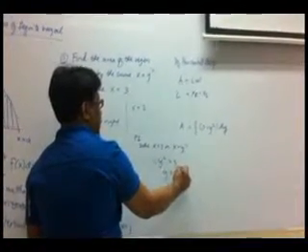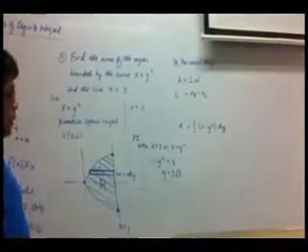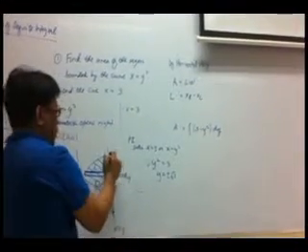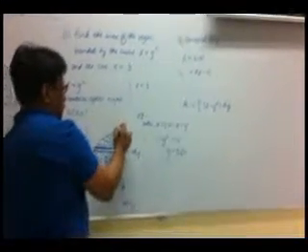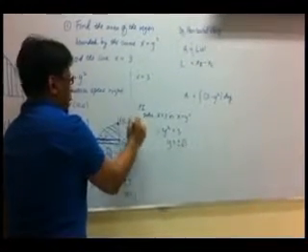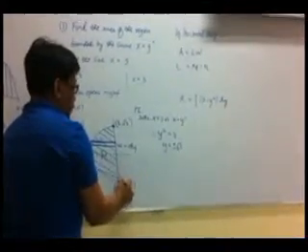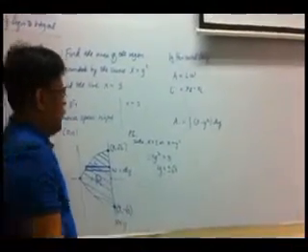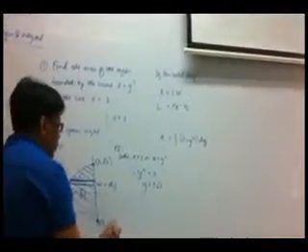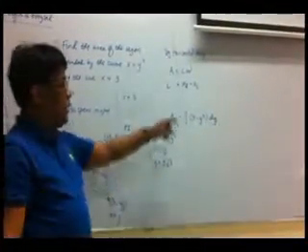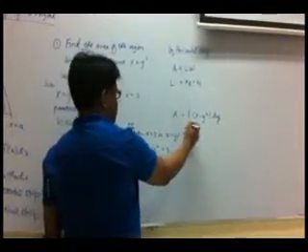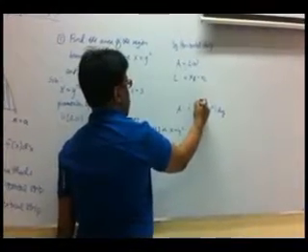Plus and minus square root of 3. So we have this as the upper and lower limit respectively, because at x equals 3, we have the y value of one positive square root of 3, the other one is negative square root of 3. So when you take now the limits of the region, based on the variable of integration, which is y, that is negative square root 3 to square root 3.